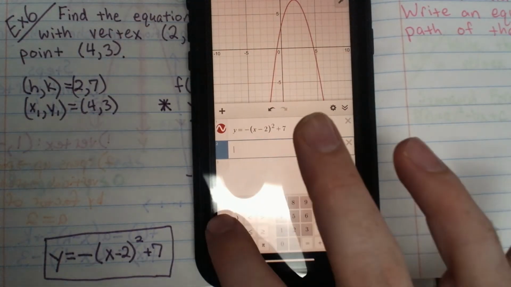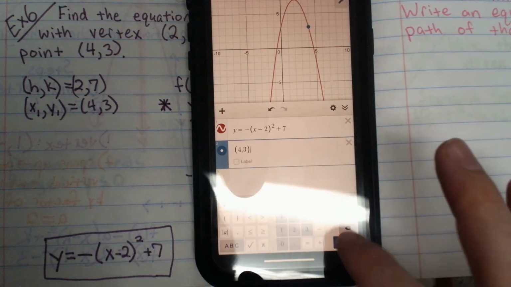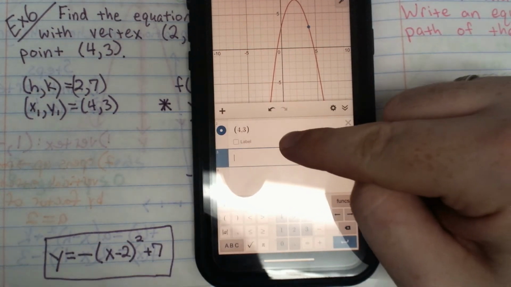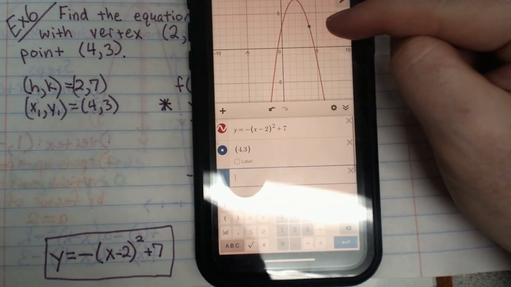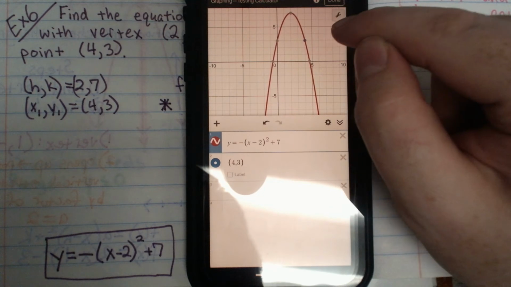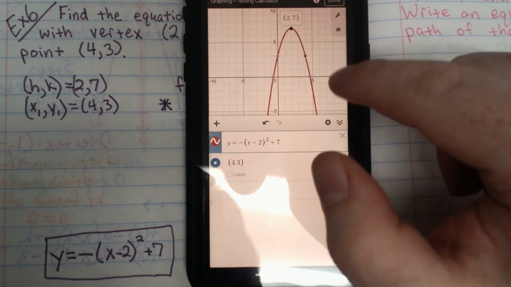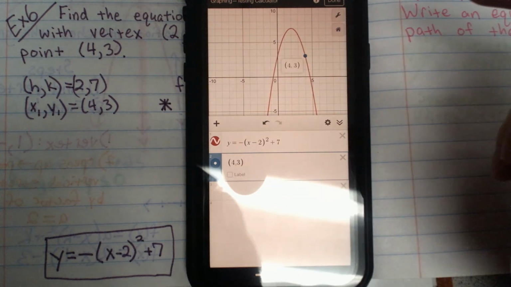Wonder if we can do that here. I bet we can. 4, 3. Yep. So by also adding the point 4, 3, we can see that 4, 3 is on this graph. So we have a vertex of 2, 7 and a point of 4, 3.